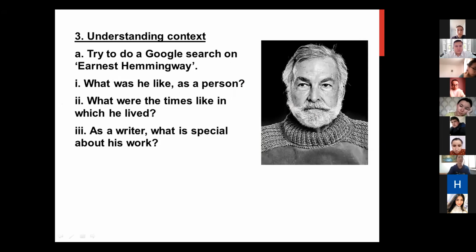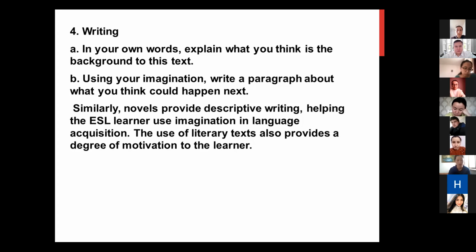The third is understanding context. Try to do a Google search on Ernest Hemingway. What is he like as a person? What were the times like in which he lived? As a writer, what is special about his work?